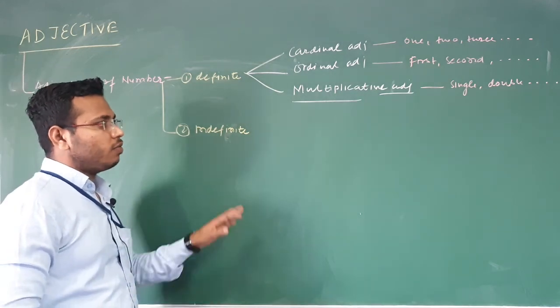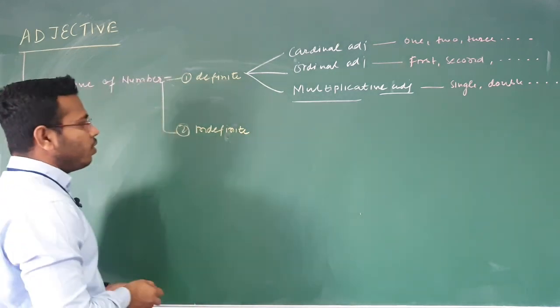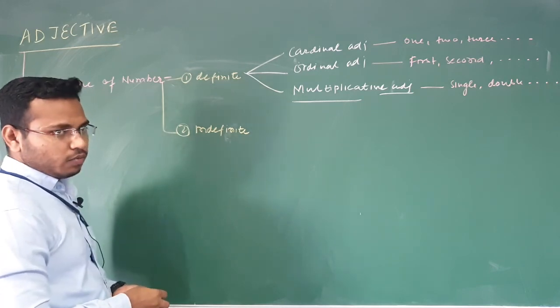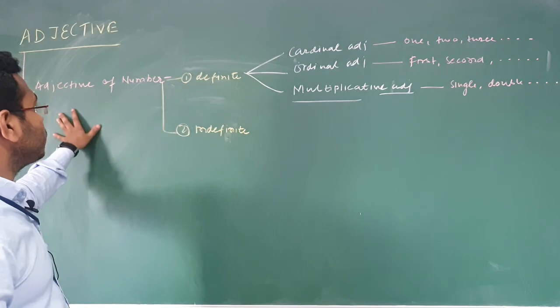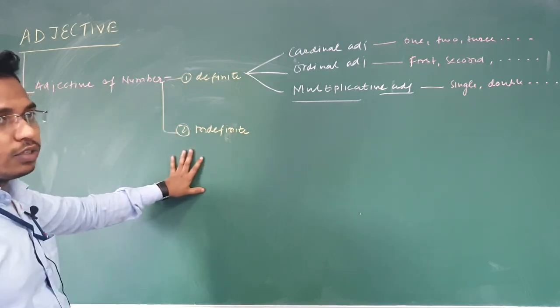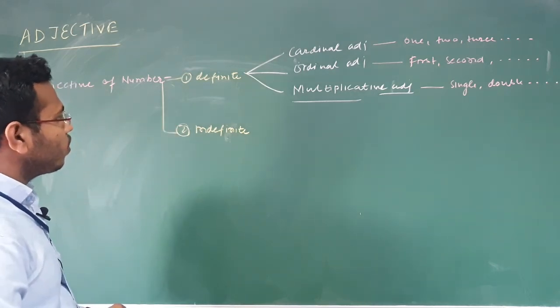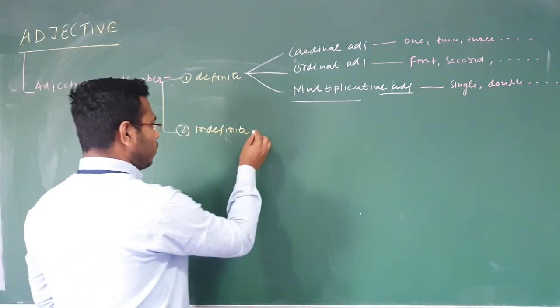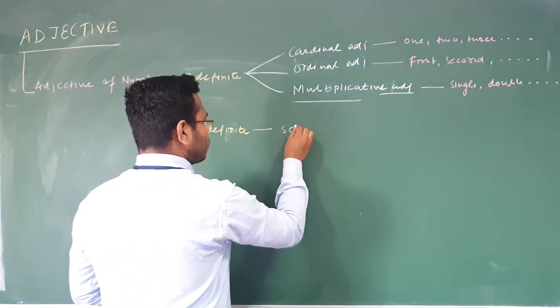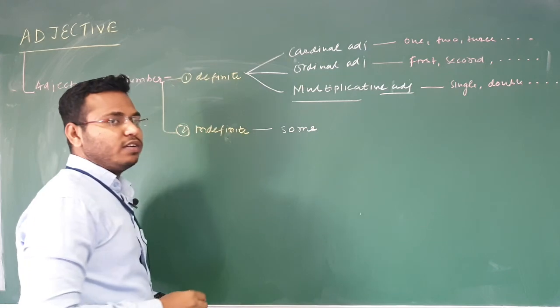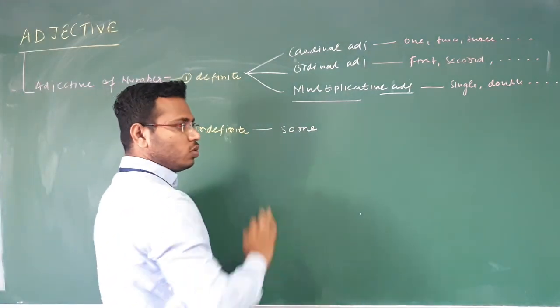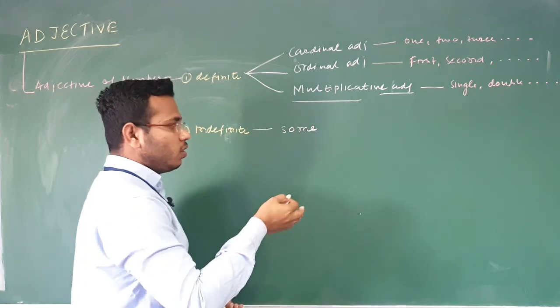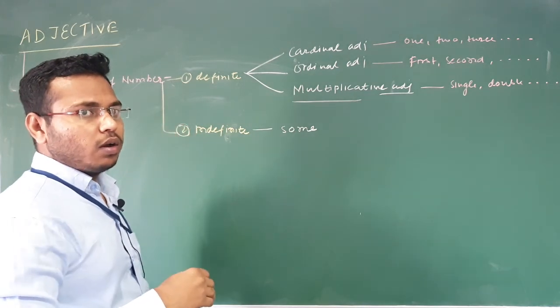Cardinal adjective, ordinal adjective, and multiplicative adjective. On the other hand, we have the indefinite numeral adjective, which we can also call indefinite adjective of numeral. Indefinite numeral adjectives show numbers which are not definite, not fixed. For example, some students. We discussed the same word some in the previous classification, adjective of quantity.